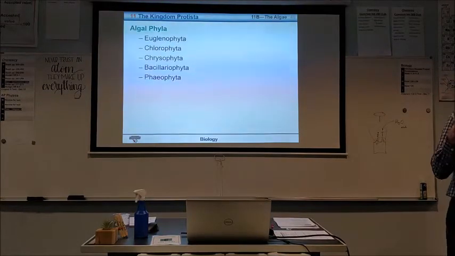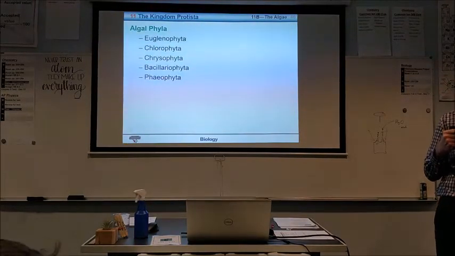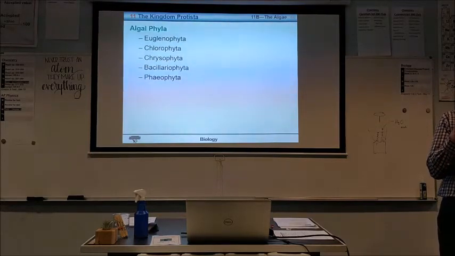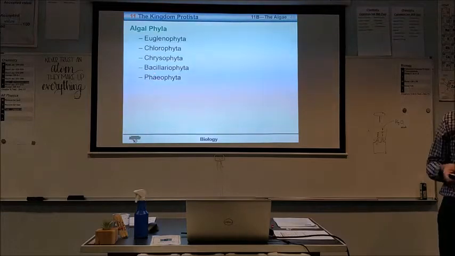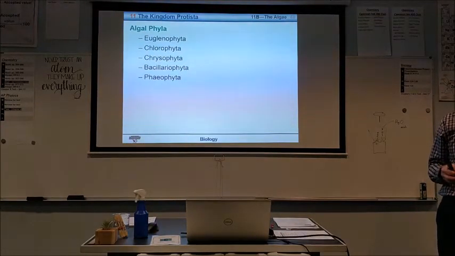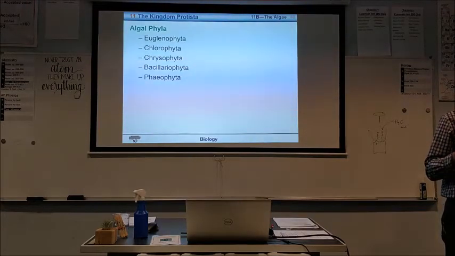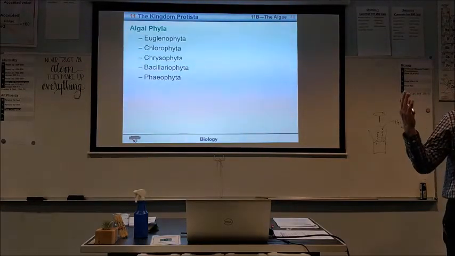Phaeophyta, I do remember what helped me to remember this in college. The first part sounds like Pharaoh. Pharaoh lives in Egypt, or lived in Egypt, and Egypt has lots of sand, which is brown, so these are the brown algae.